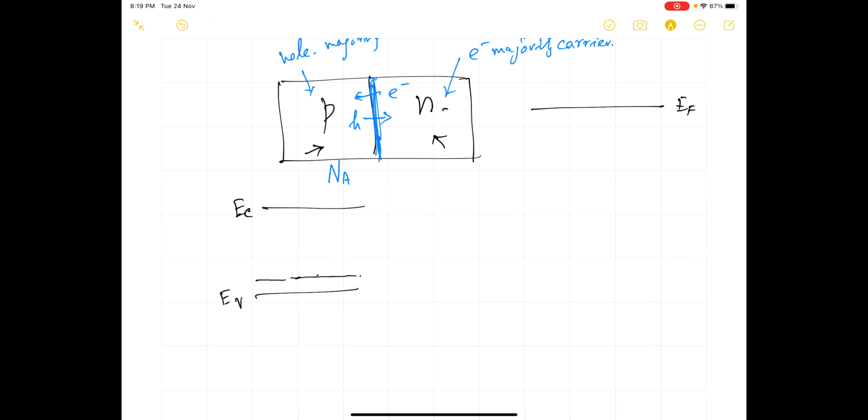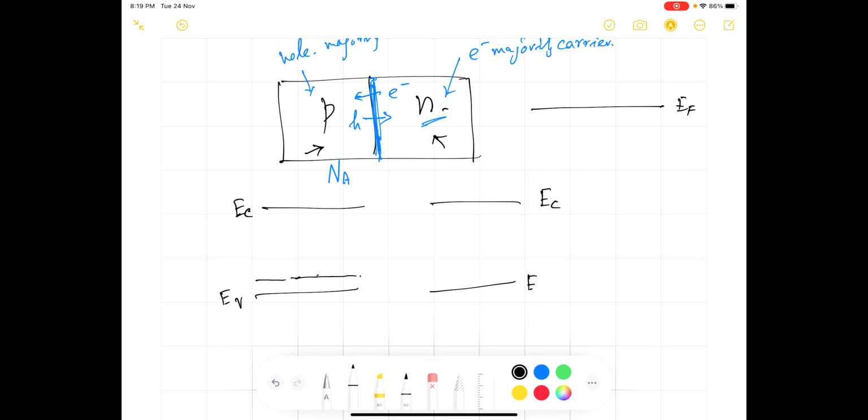Let's consider the concentration of acceptors to be Na. At the same time, for N type extrinsic semiconductor, we have extra donors. So you have EC, EV, and here the donor level, with ND, the donor concentration.